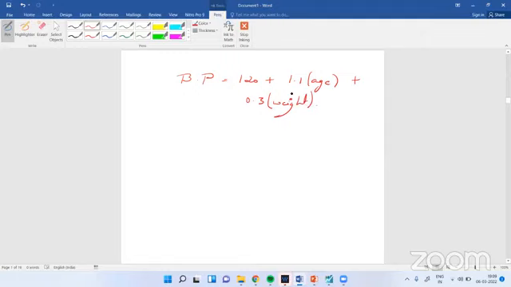Is it clear? This is just a model. I'm giving you a very rough example. No such model exists. This is a theoretical model.